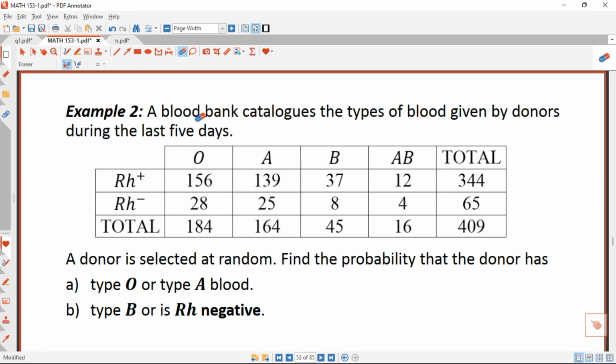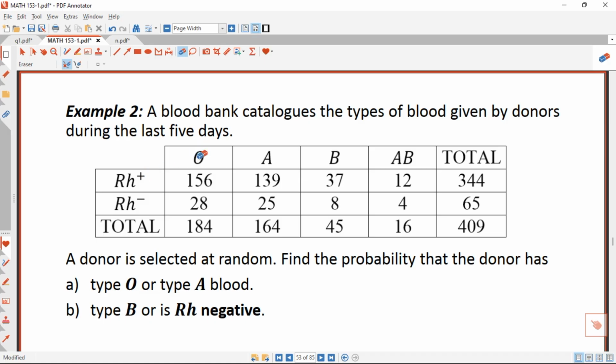A blood bank catalogs the types of blood given by donors during the last 5 days. So here we have blood group O, blood group A, blood group B, blood group AB. Then we have RH plus and RH minus.